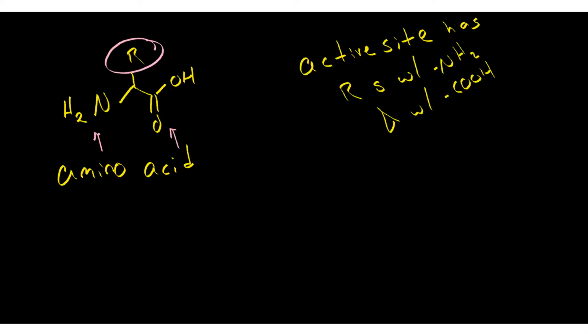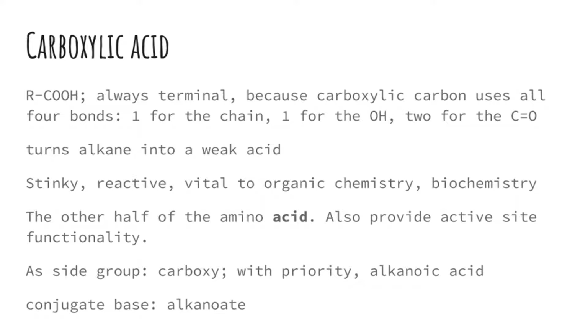A lot of them are going to be amino groups, and a lot of them are going to be carboxylic acid groups. Somehow, some way, that I personally don't know, the presence of all those acidic and basic side chains is what gives your enzyme its functionality.